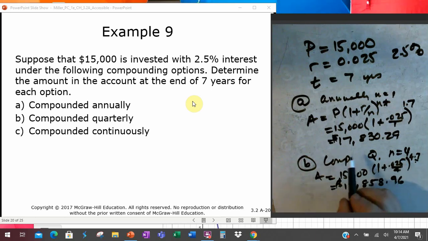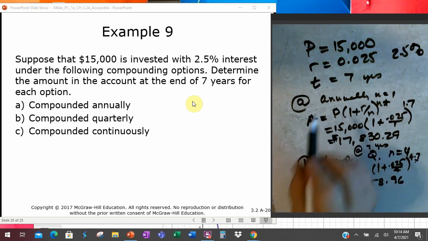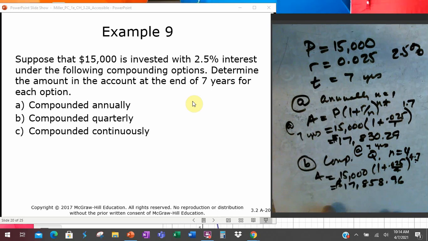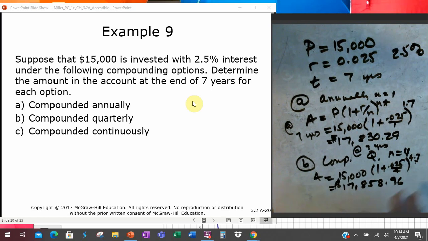So I've made another 28 and change just by compounding quarterly at the end of the 7 years. I'm still at 7 years here, and at 7 years here. The more compounding, the more this grows, little by little. Every little bit helps when we're trying to retire.